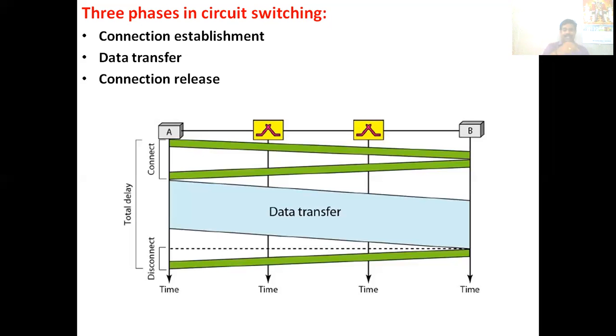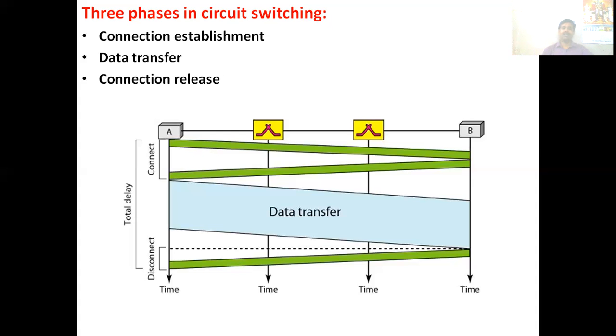So first a connection is established. Then your friend will lift the phone and you both will talk. That is data transfer. After talking, what will you do? Finally, you will end the call. You will place the receiver on the phone.